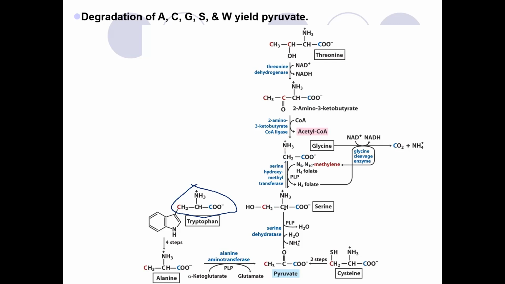Glycine is converted to serine via the enzyme we just saw before, serine hydroxymethyltransferase. Glycine also is degraded via the glycine cleavage enzyme. The glycine cleavage enzyme occurs in mitochondria.